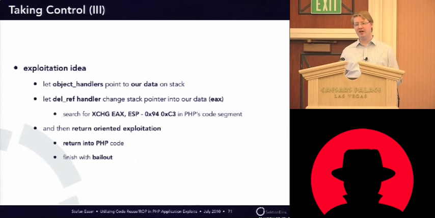You have an object handler table, which is actually your data on the stack, and the second entry is your delref handler, and you will point the delref handler to an exchange EAX ESP followed by a ret. You can search for that by leaking the code segment of PHP remotely, so you can find it in memory. And because the handler table is pointed to by EAX, the exchange EAX ESP will change the stack pointer into your buffer. And from there you can just do normal return-oriented programming.